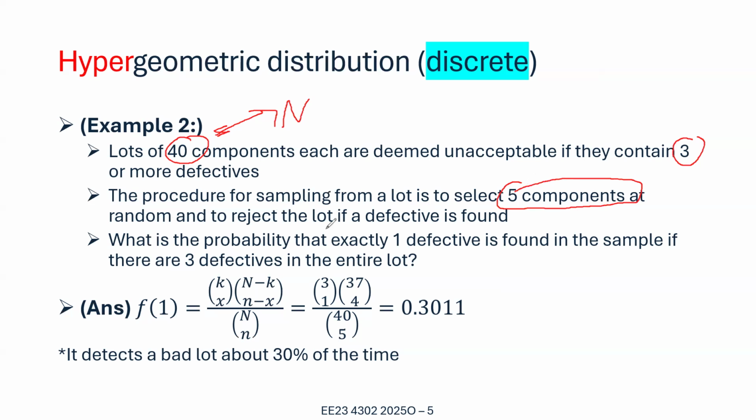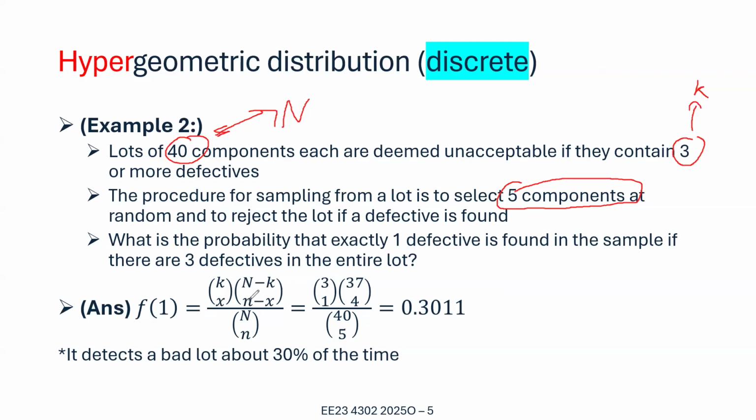So what is the probability that exactly one defective is found in the sample if there are three defectives in the entire lot? We look at f(1), which is the combination of k and x. K is the broken one, here this is k, and this is x, and this is N as the entire components. K is the defective again.